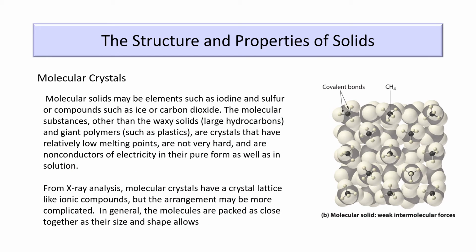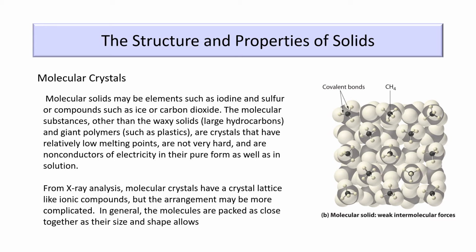Molecular crystals. Molecular solids may be elements such as iodine and sulfur, or compounds such as ice or carbon dioxide. The molecular substances, other than the waxy solids of large hydrocarbons and giant polymers such as plastics, are crystals that have relatively low melting points, are not very hard, and are non-conductors of electricity in their pure form as well as in solution.